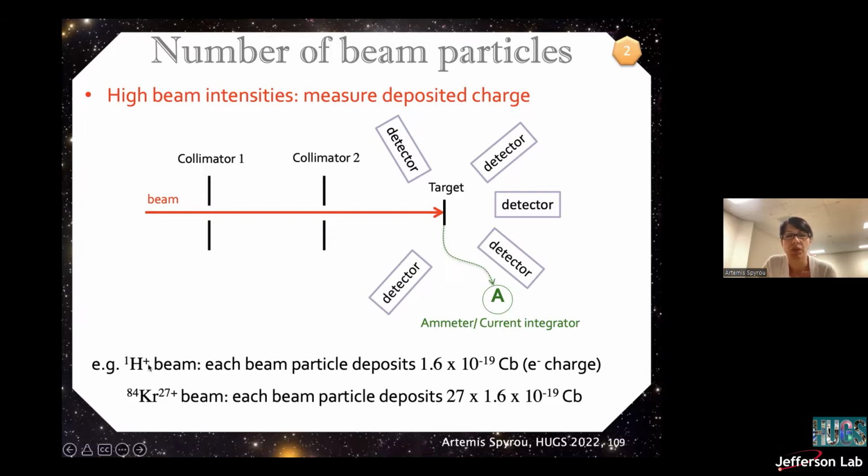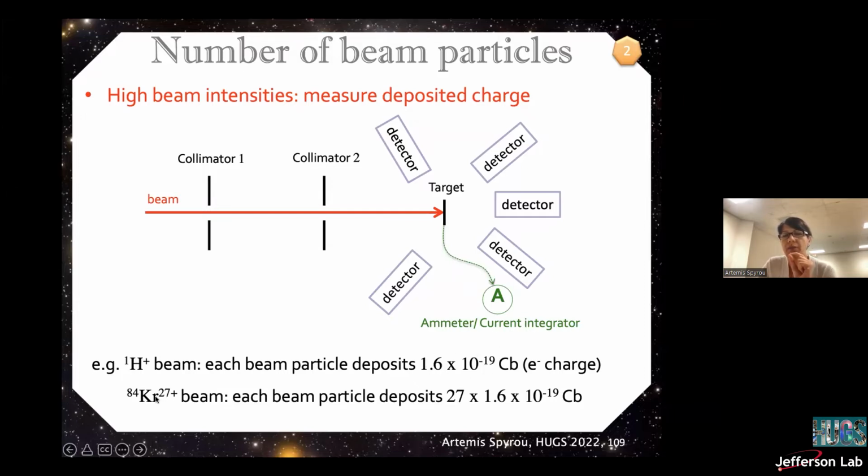This is just an example, maybe a detail. If we have a proton beam coming here, the proton beam just has a charge of 1+. So for every beam particle, it would deposit the charge of the electron, 1.6 × 10⁻¹⁹ coulomb.